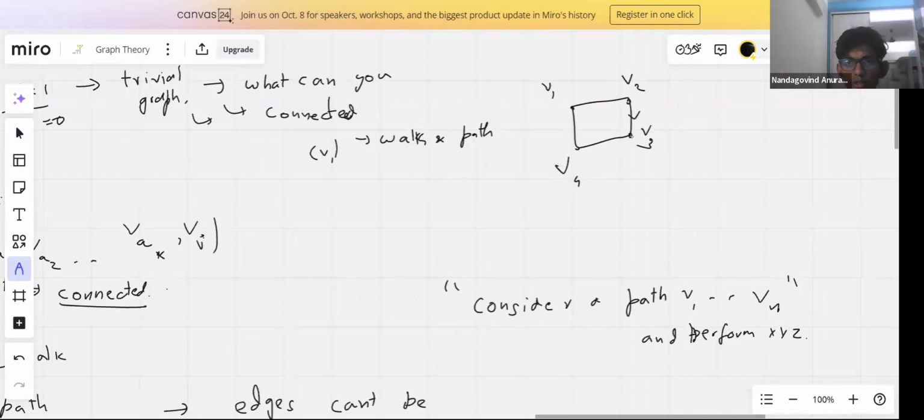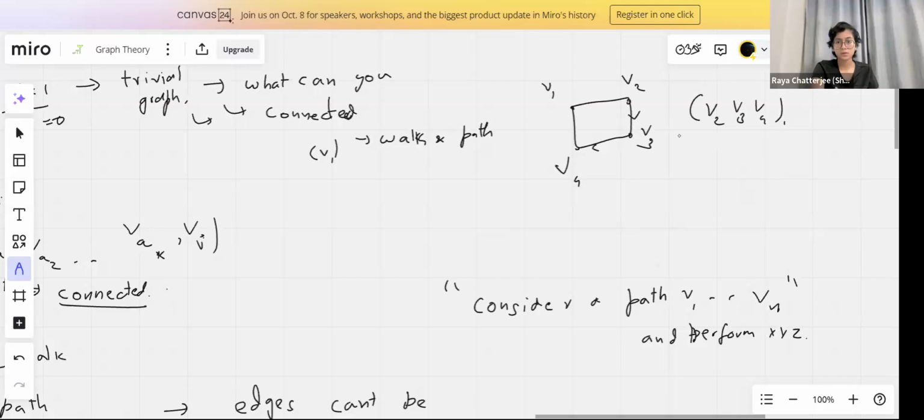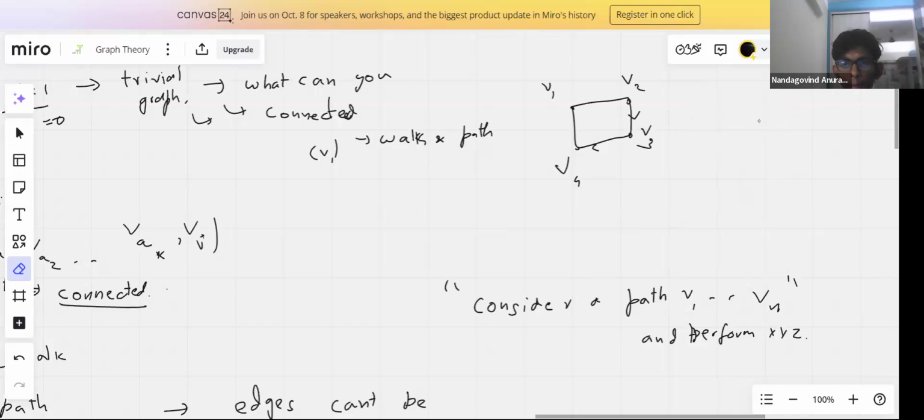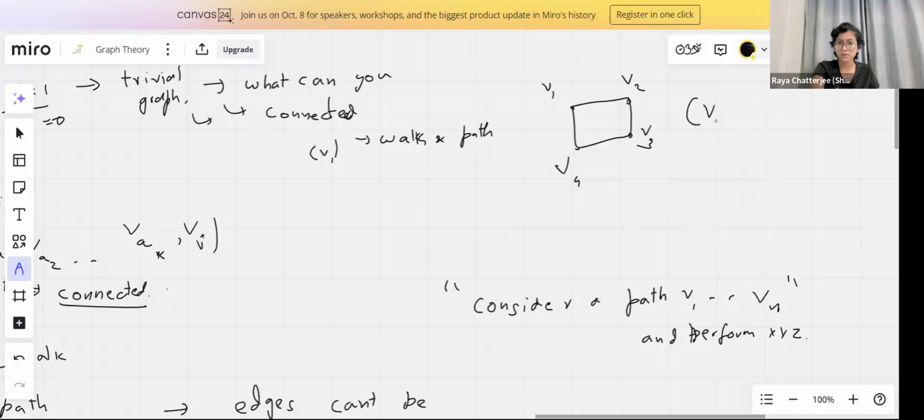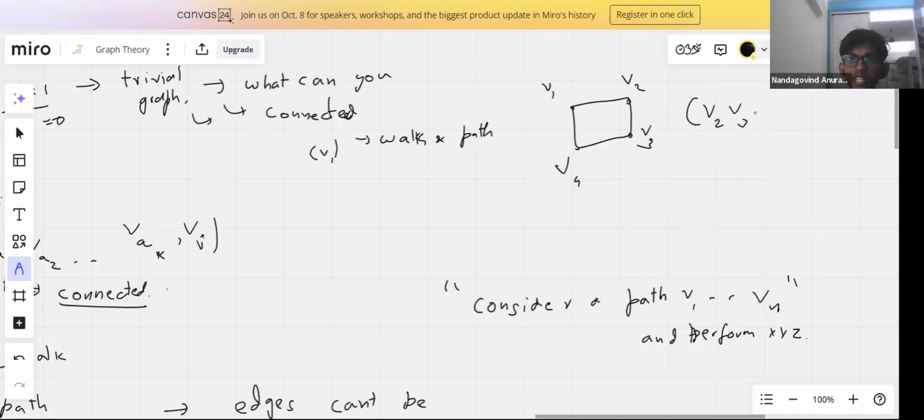From V2 I go to V3, and then from V3 I go to V4. So V2, V3, V4 is a path. But I can't go from V2 to V4 directly. That's not a problem in a connected graph. There needs to be a path.